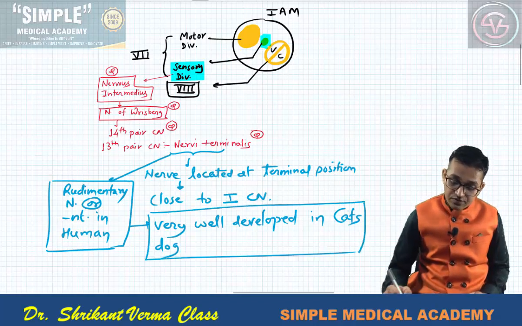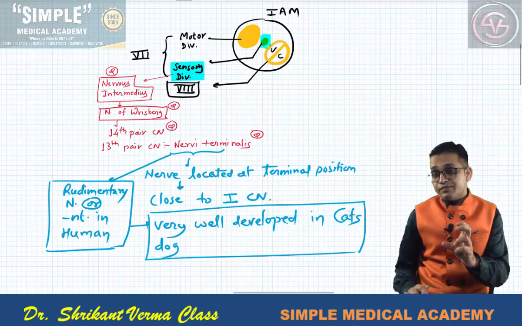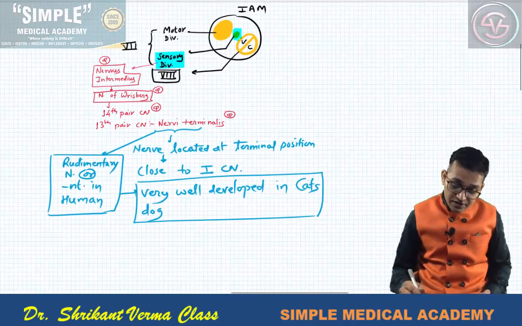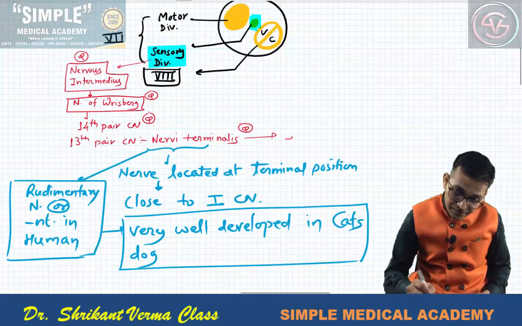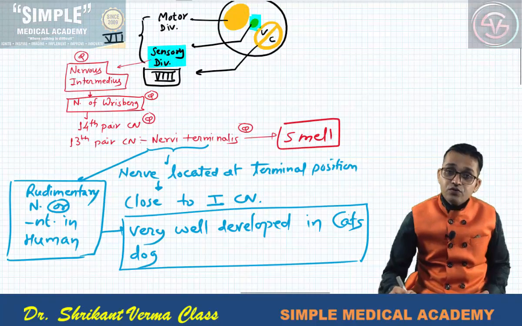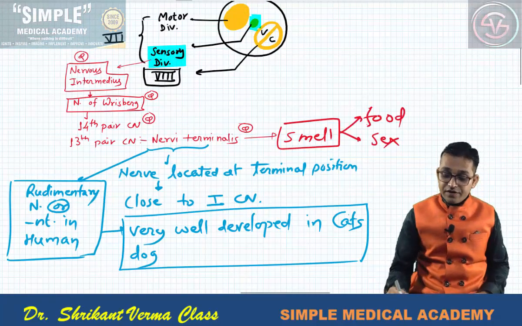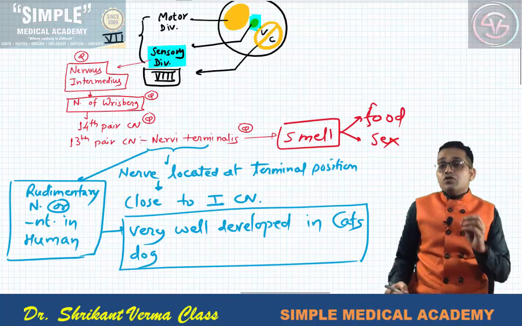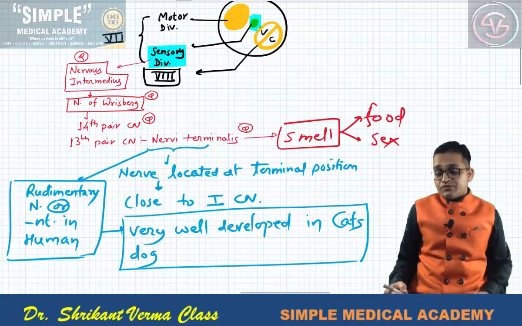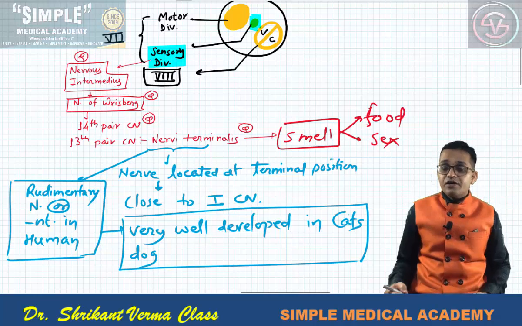What is the function of this nerve? Because it is very close to the olfactory nerve, it helps in smell. It participates in the smell function, and as we know, smell is important for food and sex behavior.